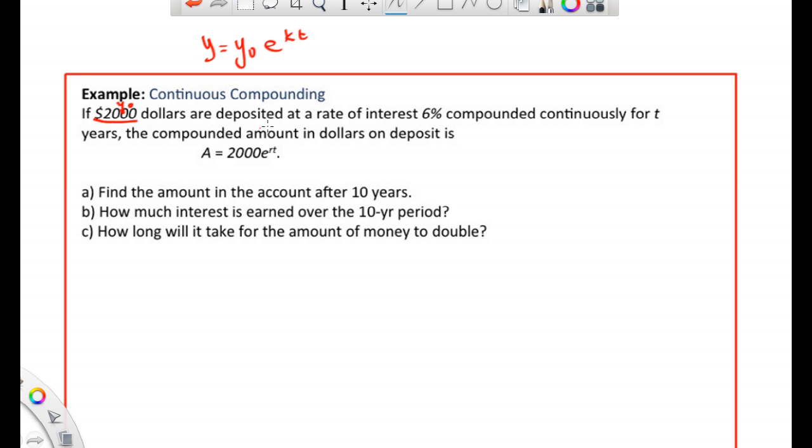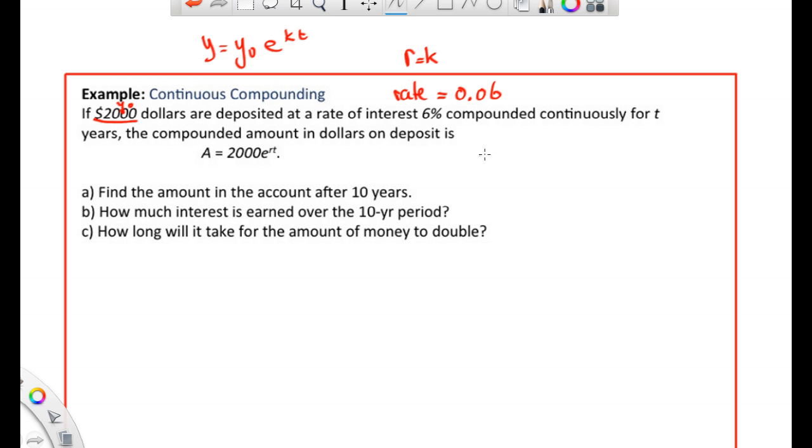So if I'm looking at this as y equals y sub 0 e^(kt), then the y sub 0 is the 2000. They filled it in. So where does the 6% go? Well, 6% interest, that's an r, the rate of return. The rate of return is 6%. Well, 6% is usually written as 0.06. That's the k. In this case, r is k. The return rate is the growth constant because you're increasing the amount of money by 6% every year.